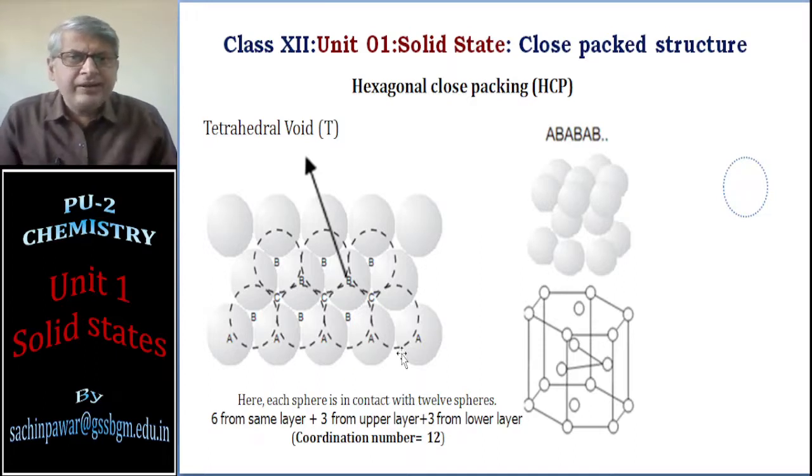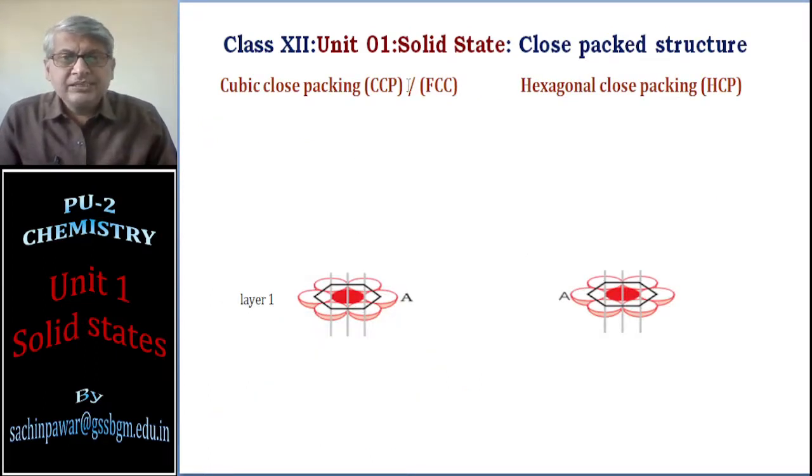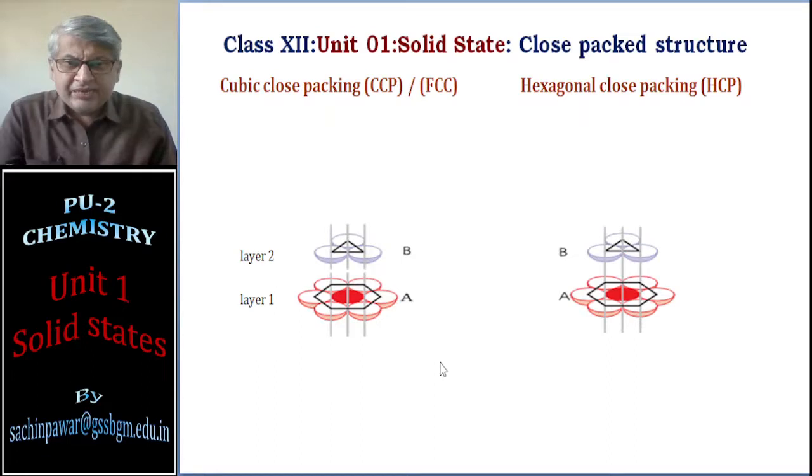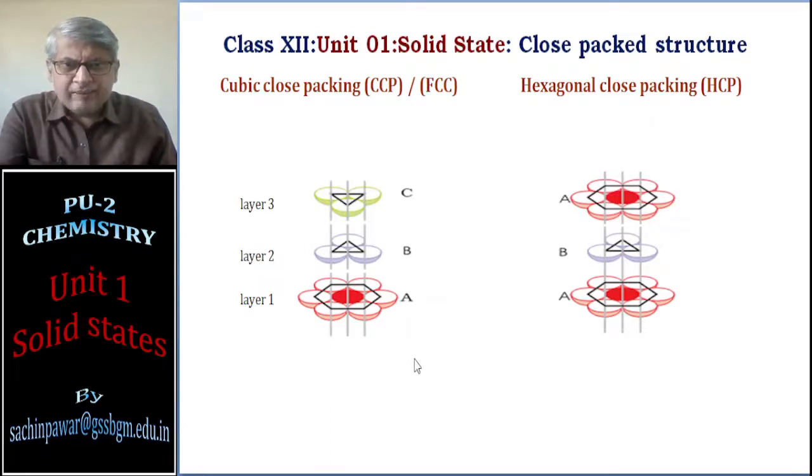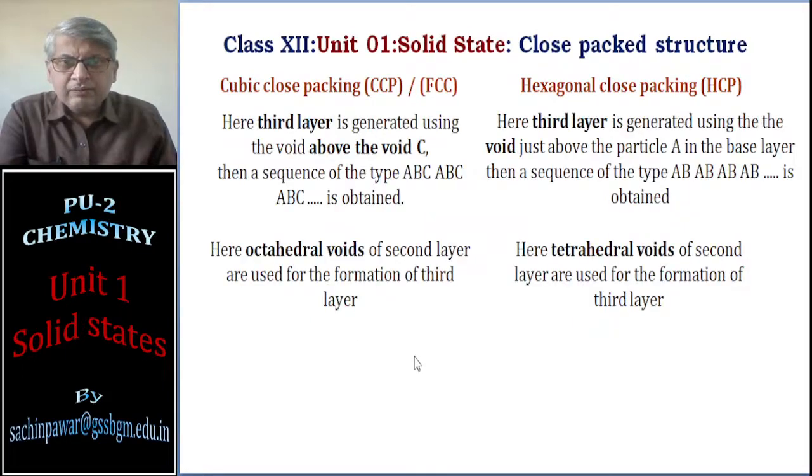So the comparison if I do, CCP and FCC, hexagonal close packing, HCP, then if I compare this, the first layer is formed, second layer is formed, third layer is formed, and so on. The process continues.